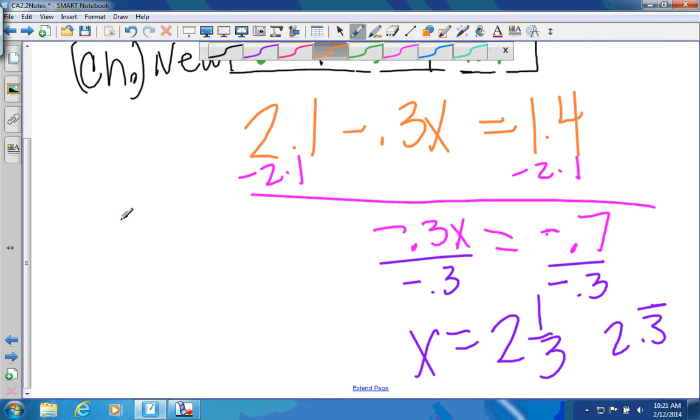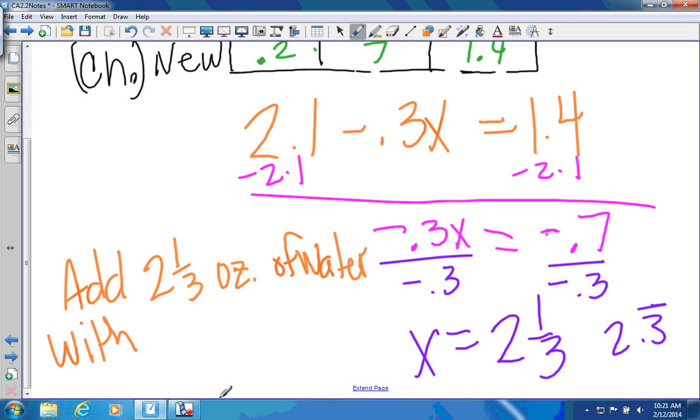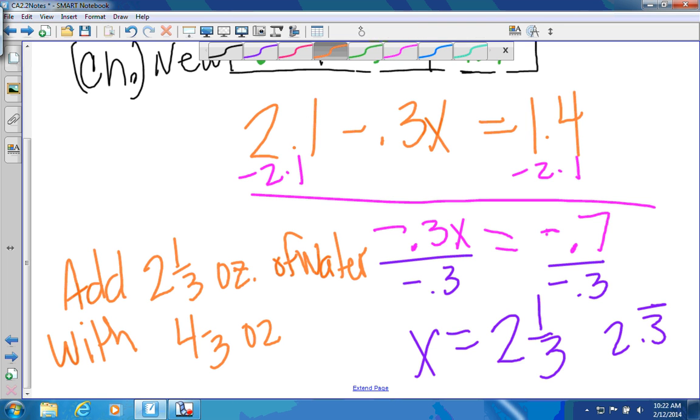So we would have to say add 2 1/3 ounces of water with 4 1/3, not 1/3, 2/3, 4 2/3 ounces of the adult solution.